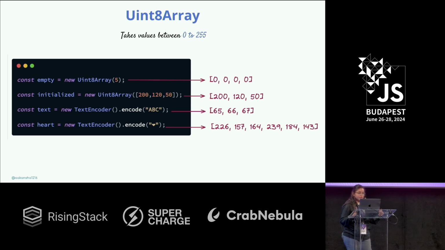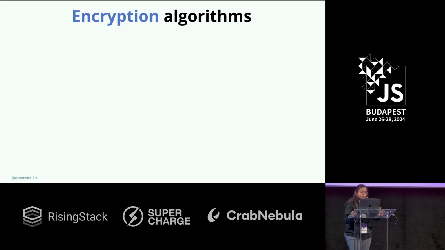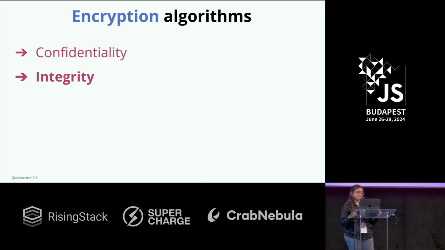So before we decide which encryption algorithm we are going to use, there are a couple of things which we need to satisfy. First thing is confidentiality, which means that when I share some data with you, only we both have the keys to encrypt and decrypt the data. No one else should have access to the data. No one else should be able to encrypt or decrypt the data. So that is confidentiality. Integrity.